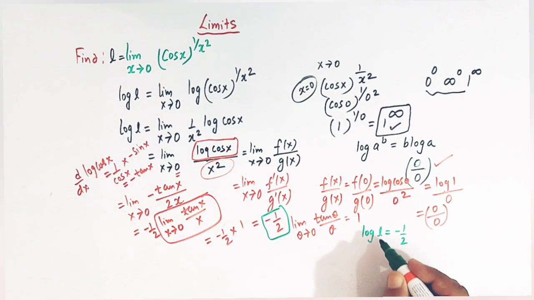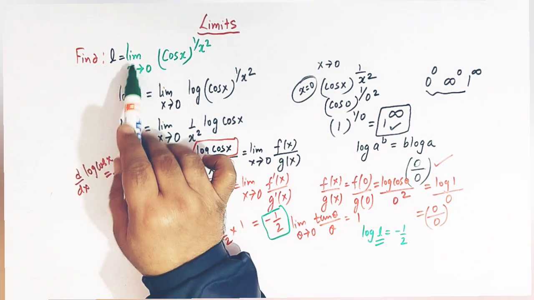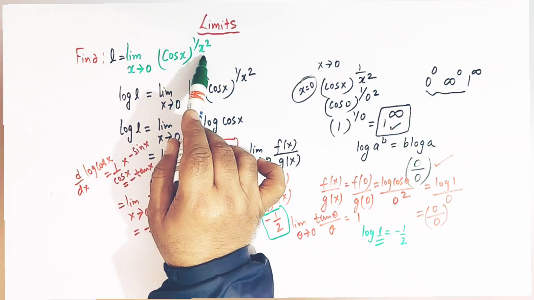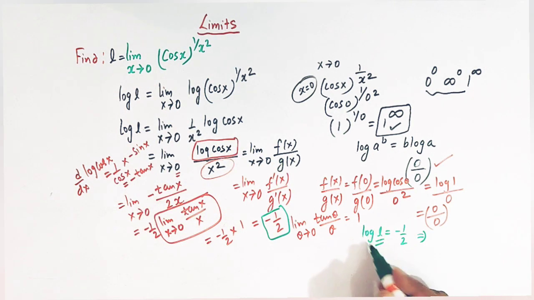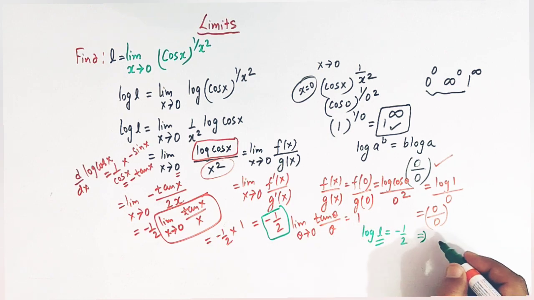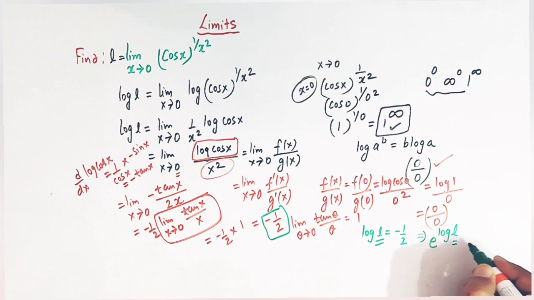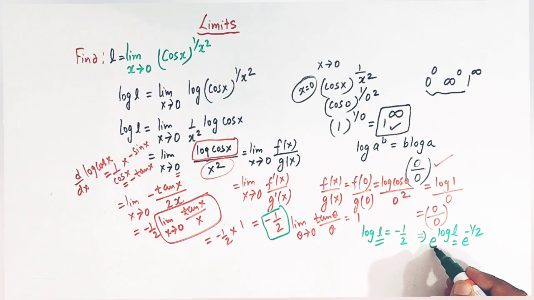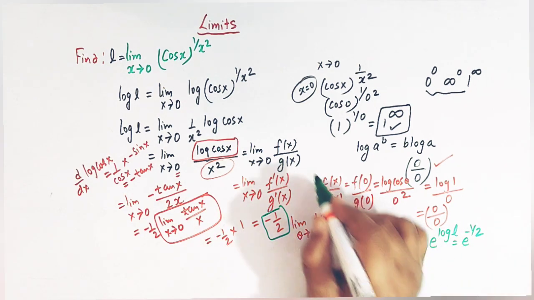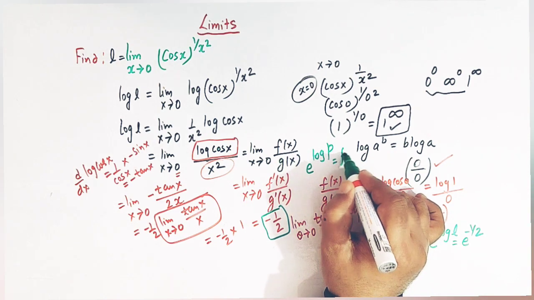So now to get the value of L, which is our limit x tends to 0 cos x raised to 1 over x square, what we will do, we'll take these numbers to the power of e, right? So we'll write e raised to log of L, and here we'll write e raised to minus half, right? And from calculus we know that e raised to log of p is equal to p.